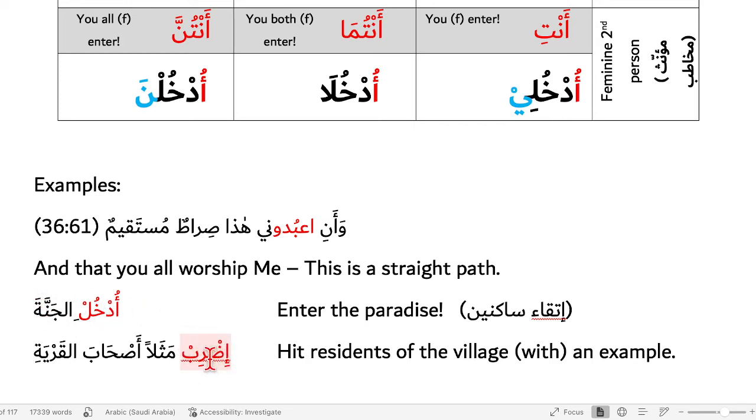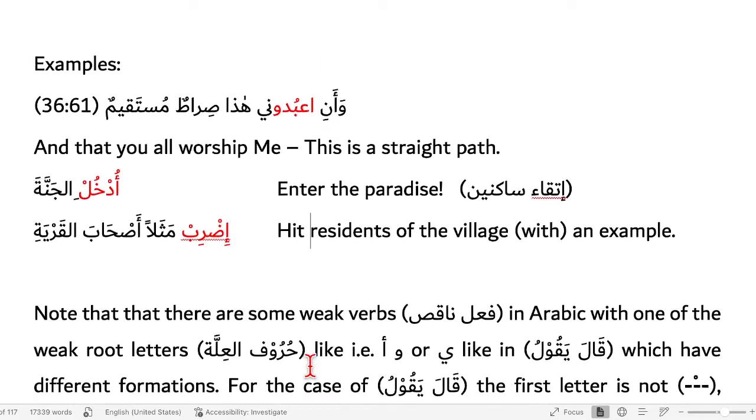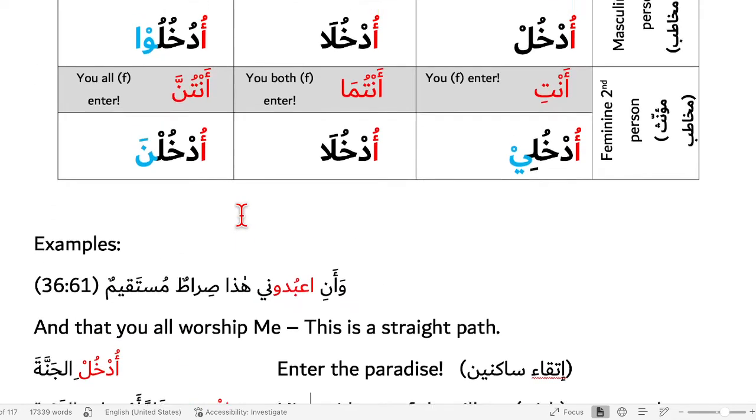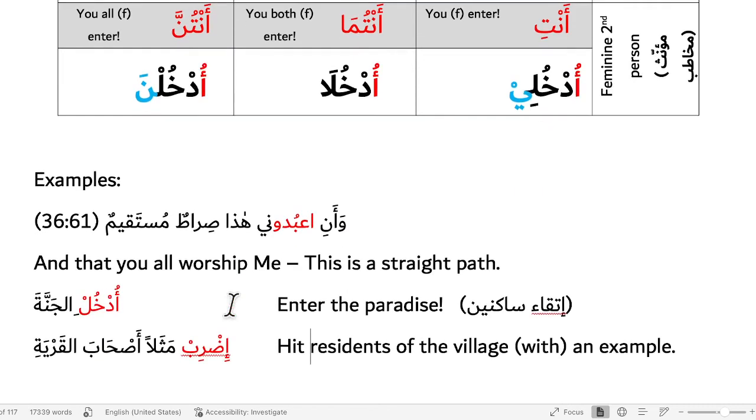Idrib, hit, or we can say give. Normally daraba yadribu comes for to hit, but it's also used to give. Idrib, for example. Let's use what we have studied above to see how we come to idrib.